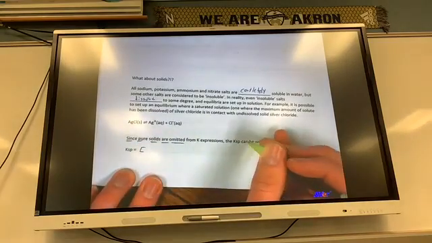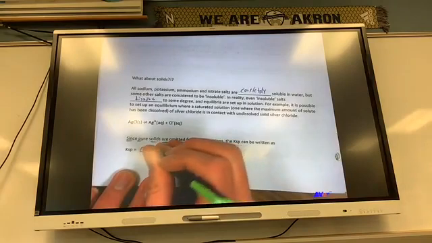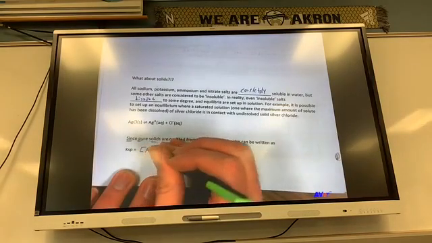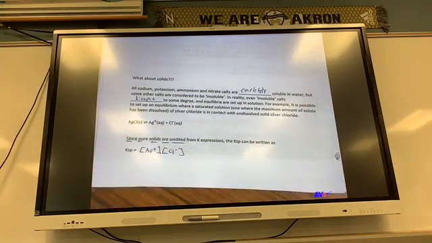Over nothing means over 1, right? So it'd be the concentration of Ag plus times the concentration of Cl minus. So the nice thing about Ksp is that it's not over nothing, it's over 1. So these are a little bit easier to solve.